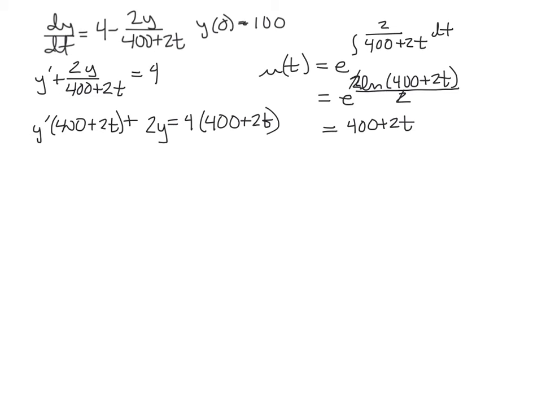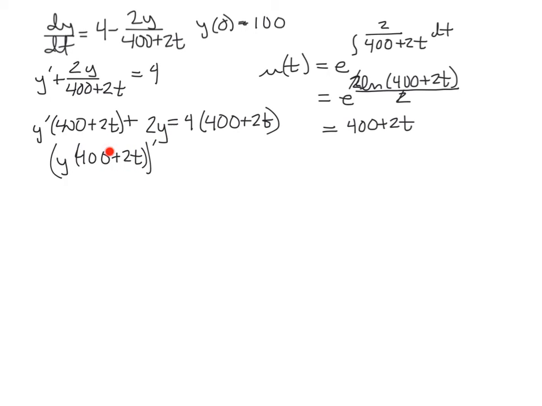All right, backwards product rule. y times the integrating factor, all that, prime, and then I always like to double check this. Okay, so I take the derivative of y. That stays the same, yes. y stays the same, yes.